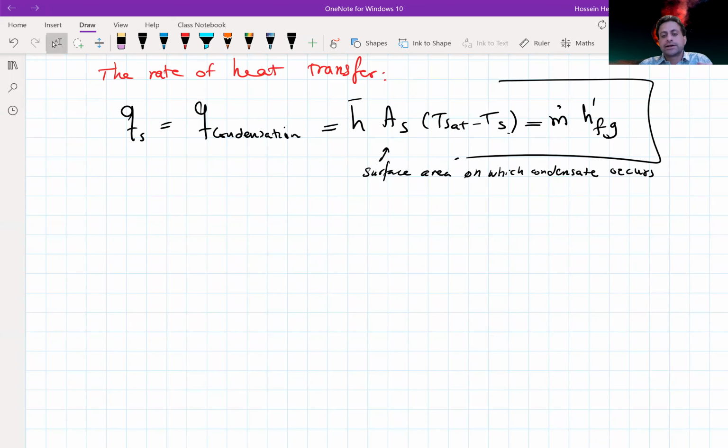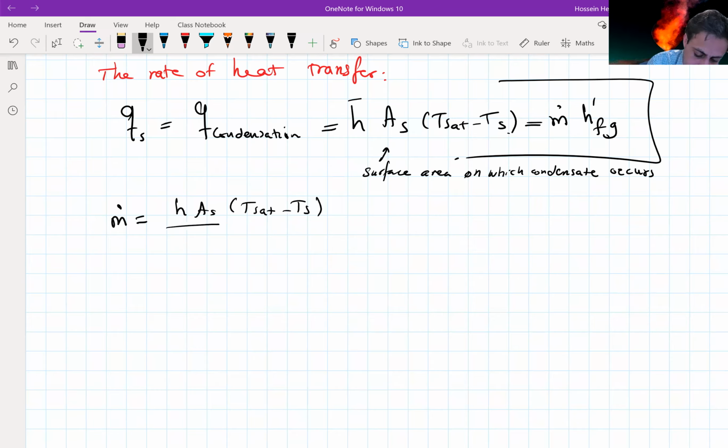AC was the cross-sectional area normal to the fluid. AS is the surface that is available for the condensation. Now, from here, I can say m dot is this H AS Tsat minus Ts divided by H prime Fg.